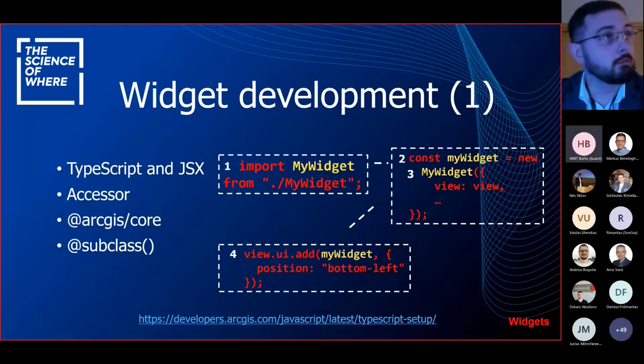Also, almost every object within the fourth version of the API is a subclass of the Accessor class. So all the properties can be accessed through get, set, or watch methods. And when you're creating your own widget, you should also make sure that you inherit the Accessor. You can do that easily if you inherit from the base Widget, which is within the API.